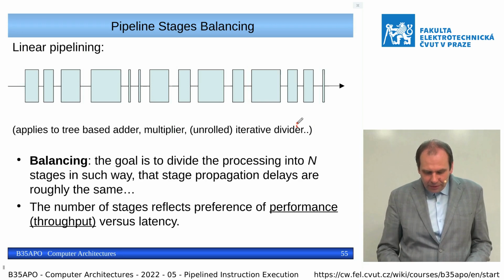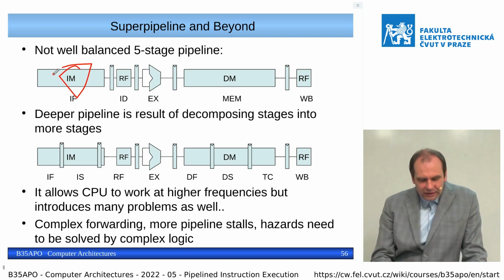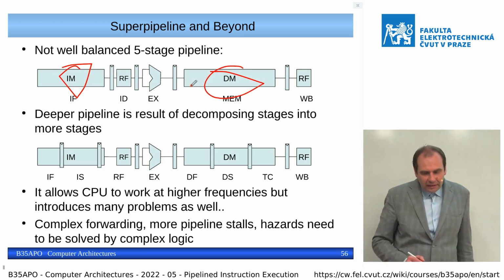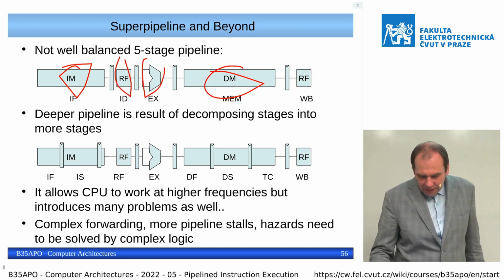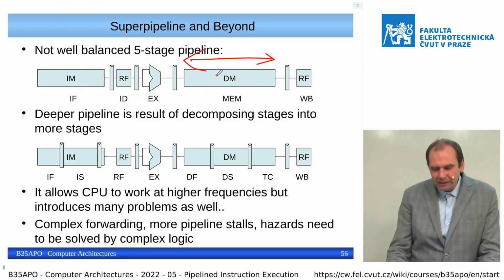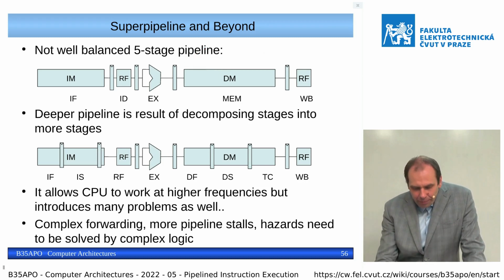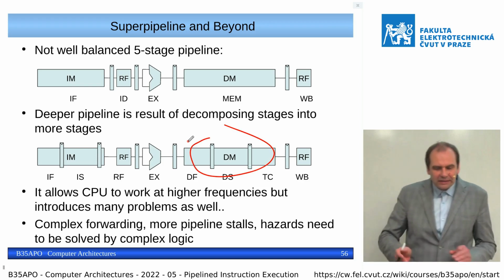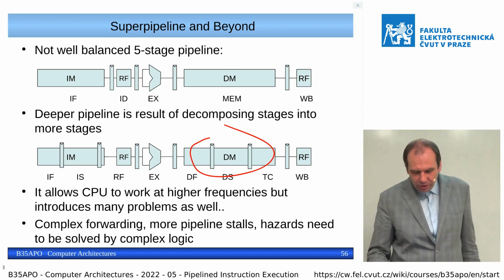For example, if we have a pipeline which has a long time to access instruction memory, an even longer time to access data memory, and then some operations which can be executed fast, then instead of limiting the actual CPU speed by the time to access the memory, we can prolong the operations through more stages of the pipeline. But in this case, the hazards and so on start to be much, much more complex.